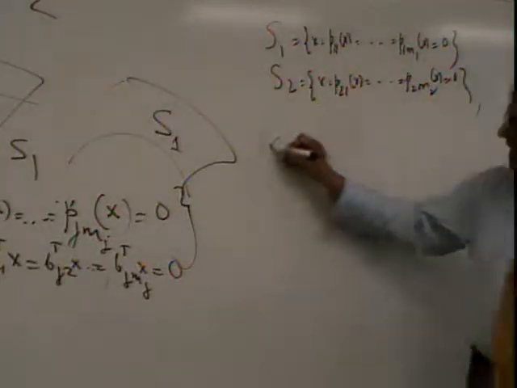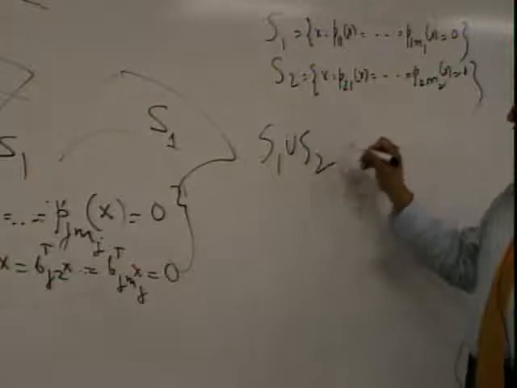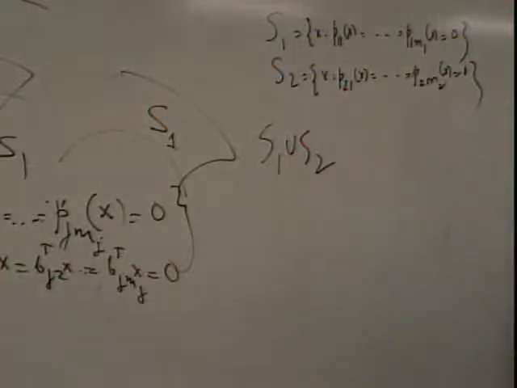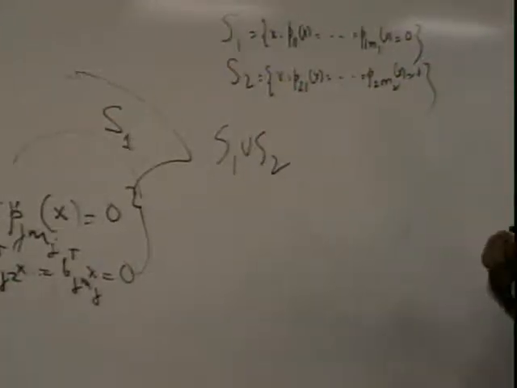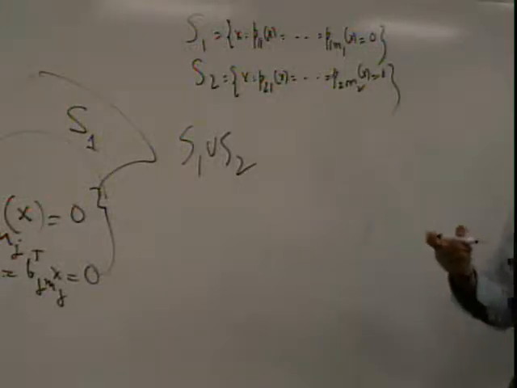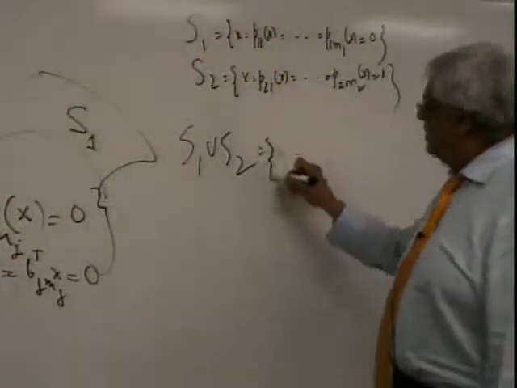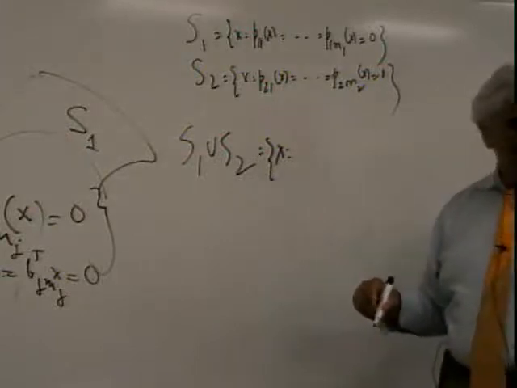The union is an OR, belonging to either S1 or S2, and then you take the set of all possible products of these.